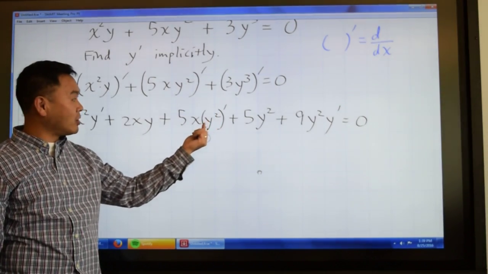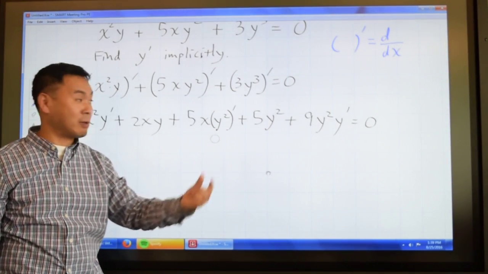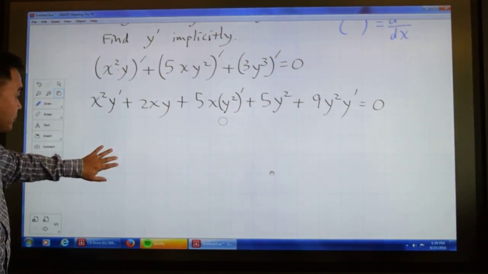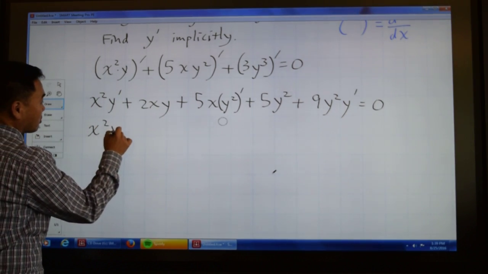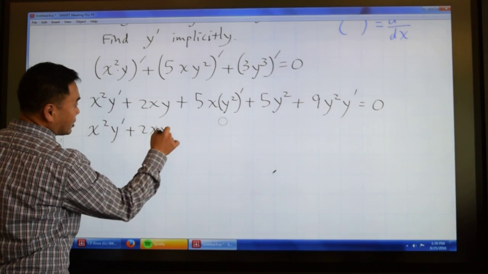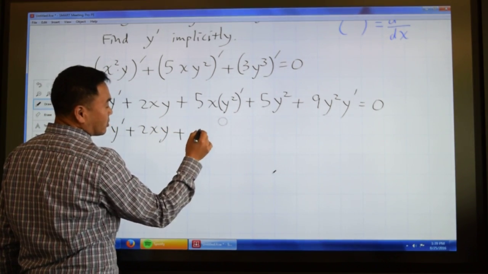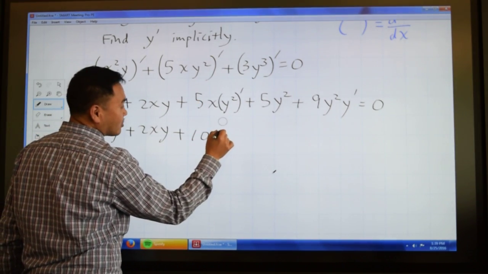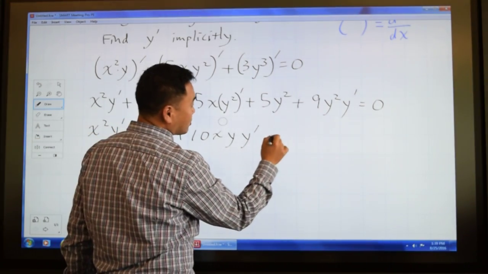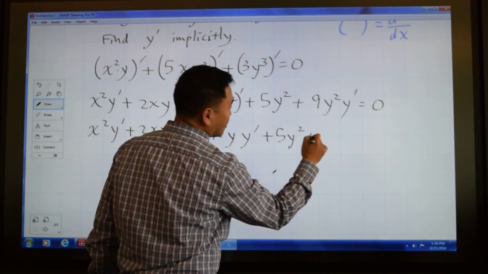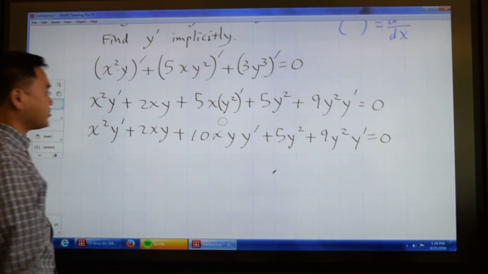You get 2y, but the inside function, which is y, has to be pulled out, and you have to attach y prime to it. So that again gives you x squared y prime plus 2xy plus 2 times 5 is 10xy y prime, and then plus 5y squared plus 9y squared y prime equal to 0.